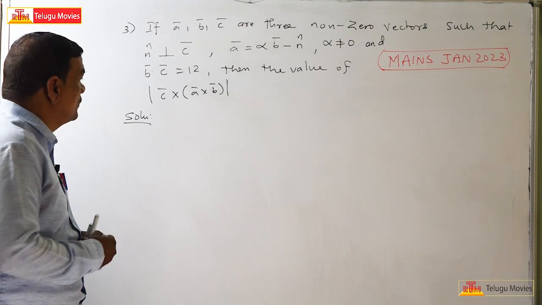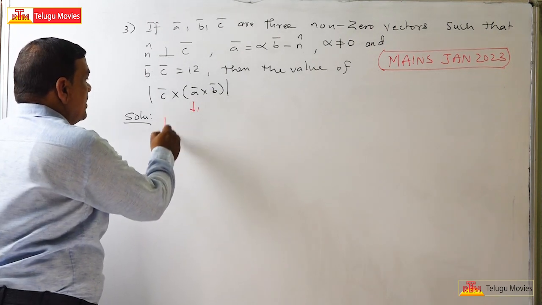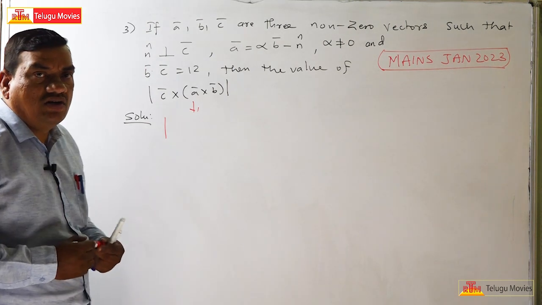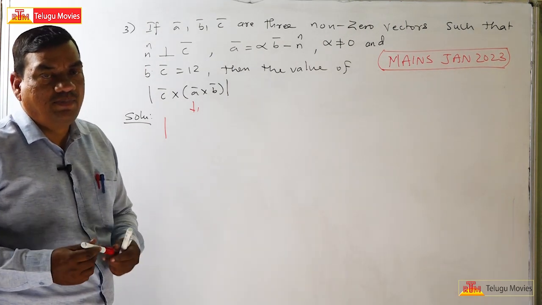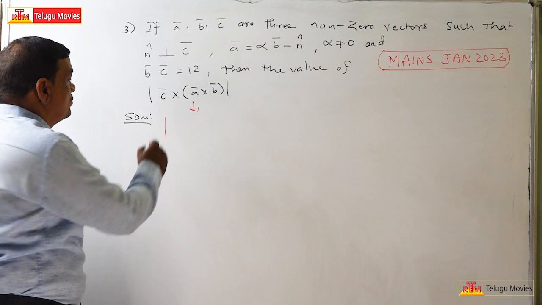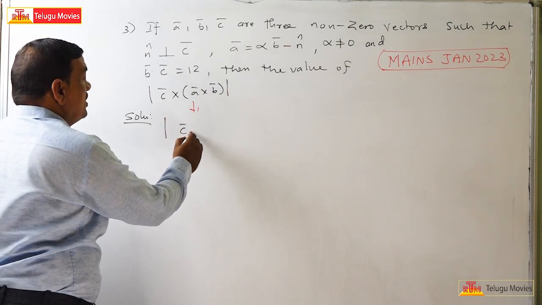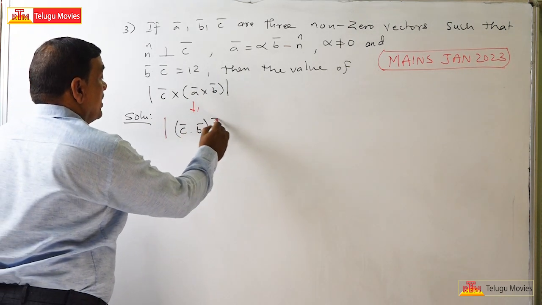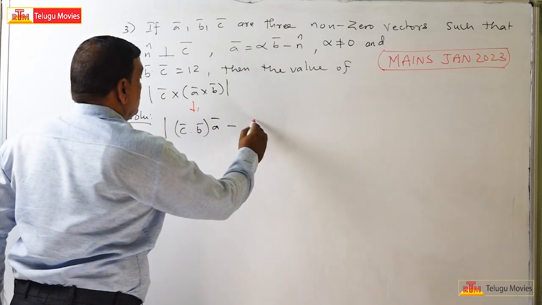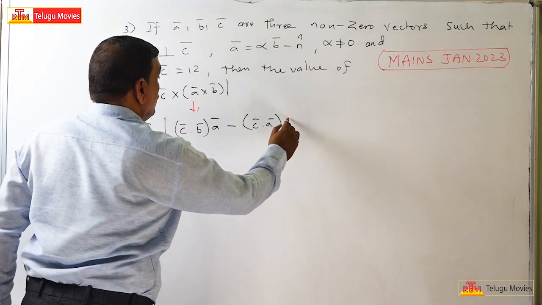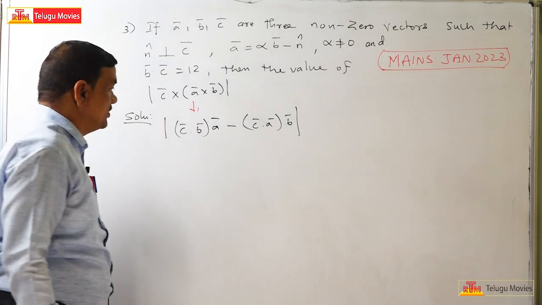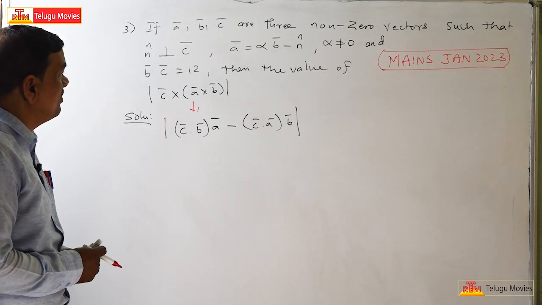See here, first of all, we know immediately this is a vector triple product. What is a vector triple product? This is equal to C bar dot B bar into A bar minus C bar dot A bar into B bar. So let us check whether any information is given.